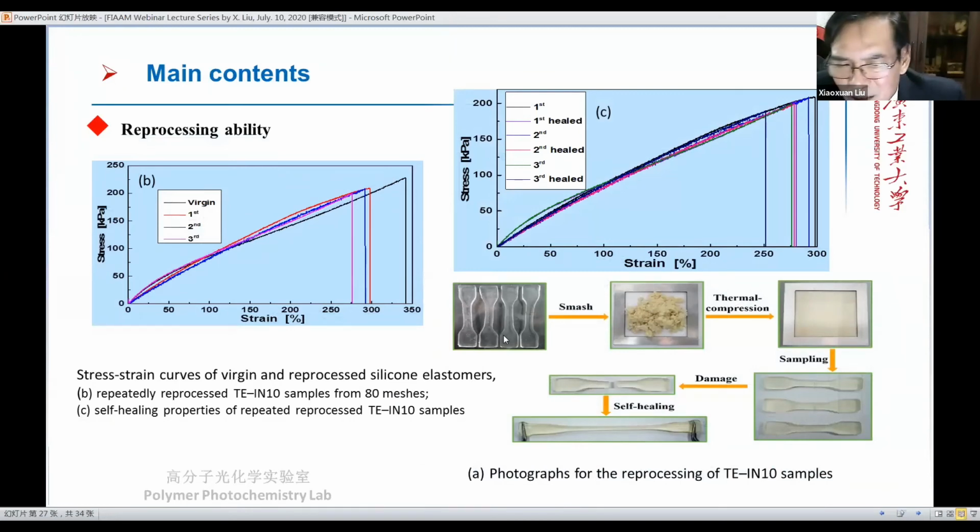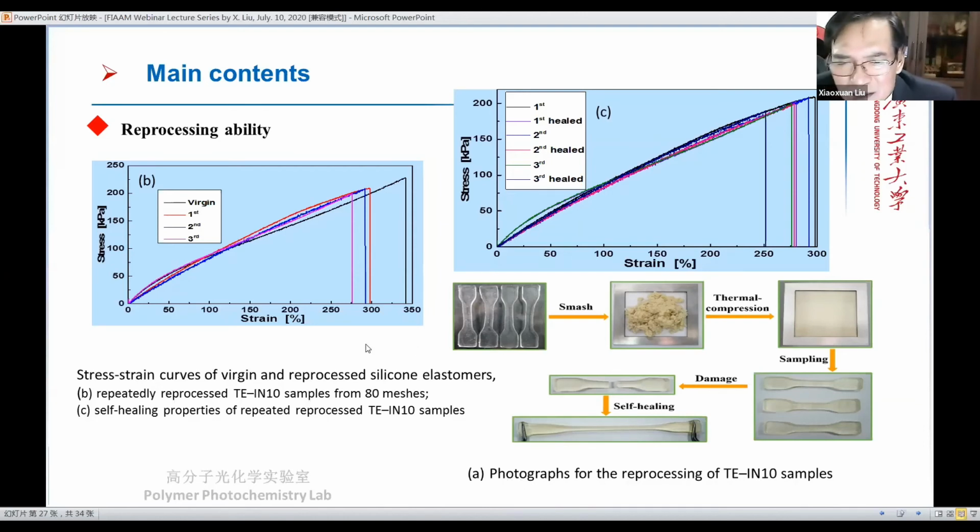We have a silicone elastomer, switch to small particle powders, and we use the press, the pressing plate, to prepare the samples, cut to dimension, and again the sample self-cures together.